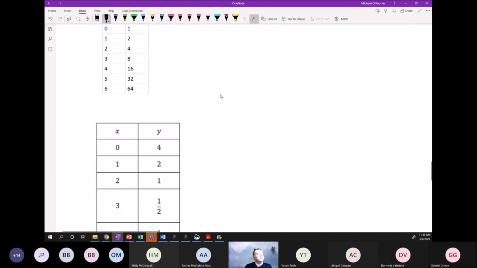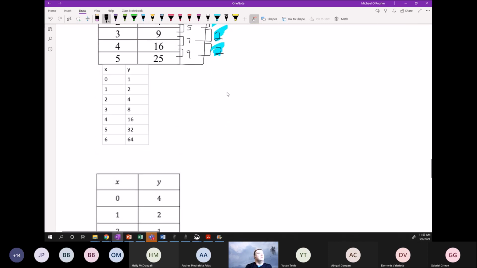Now our last one looks like this. Let's do our first differences again. So that is 2 minus 1, 1, 2, 4, 8, 16. Those just should be positive signs.